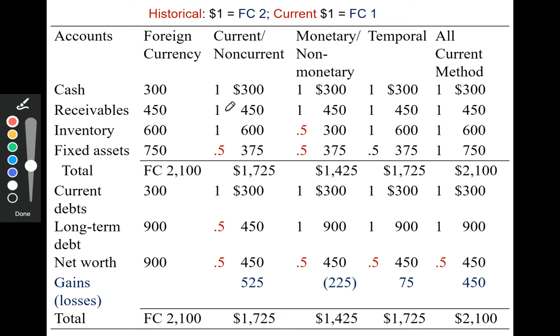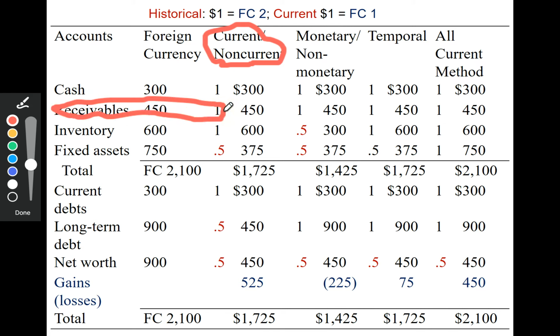Then I go to accounts receivable and ask the same question. I'm under current non-current method. Is this accounts receivable a short-term asset or a long-term asset? Receivables are short-term. Customers haven't paid us and they have a certain amount of time, for example, 2 months to pay their bills.